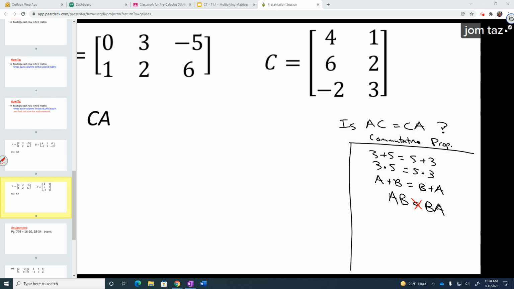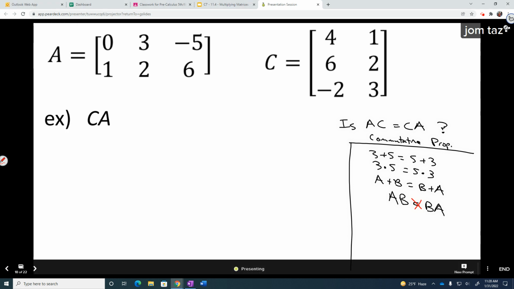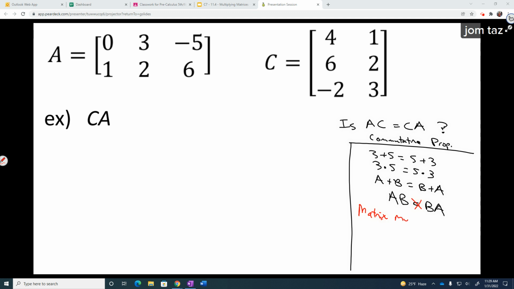And let's see if we can figure out a good reason why. Matrix multiplication is not commutative.